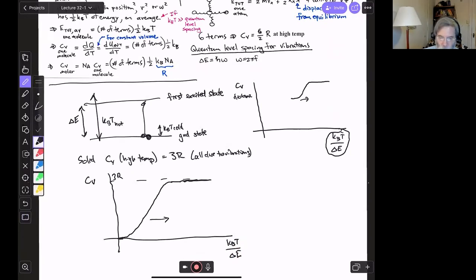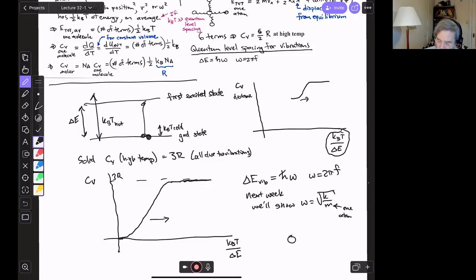Okay, and I want to remind you that the quantum level spacing for vibrations, I didn't prove this, but I stated it, is equal to h bar omega, where omega is 2 pi times the frequency of vibrations. Next week, we're going to talk more in detail about vibrations, and we'll show that the angular frequency of vibrations, omega, is equal to the square root of the spring constant, K, divided by the mass of one atom.